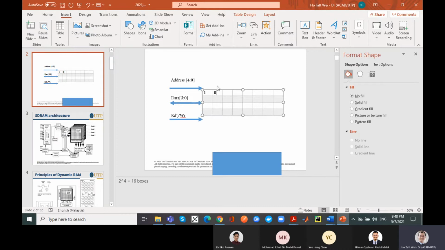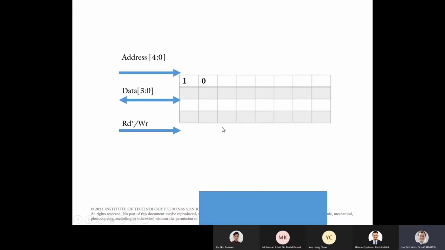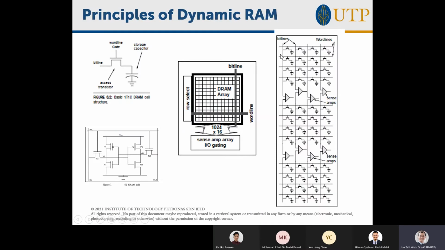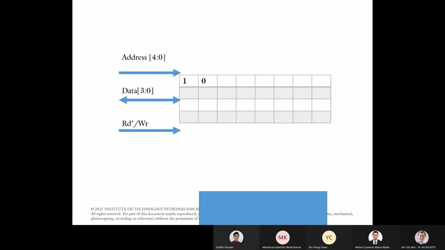Okay. Now you can see that this whole row, 1, 2, 3, 4, then 5, 6, 7, 8. Sorry, just got confused a little bit.